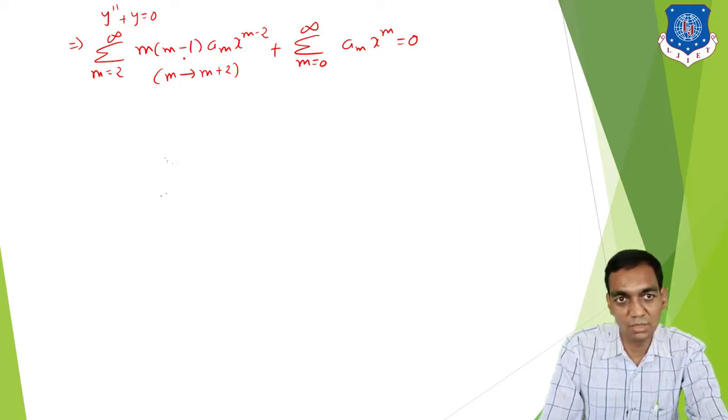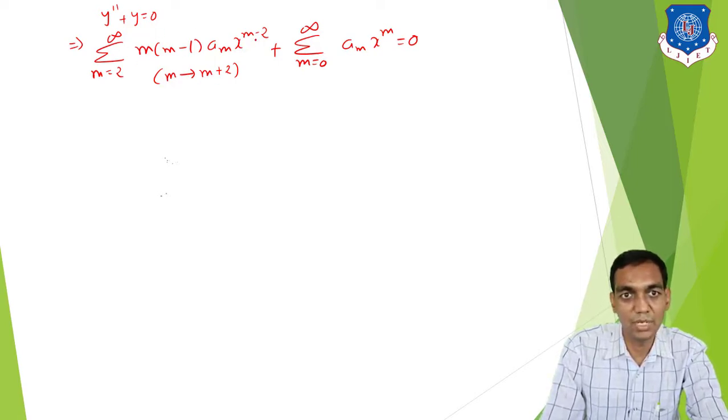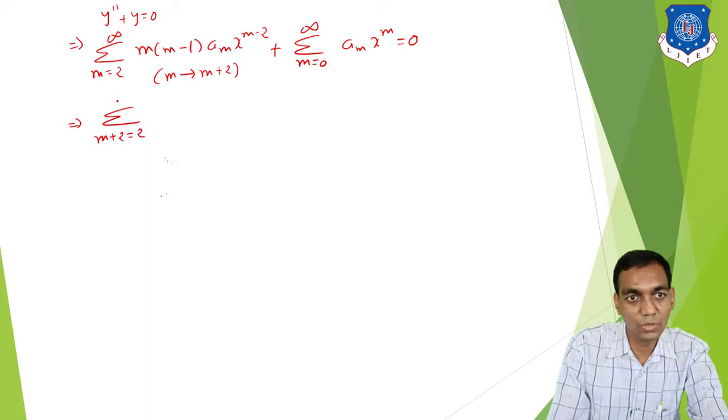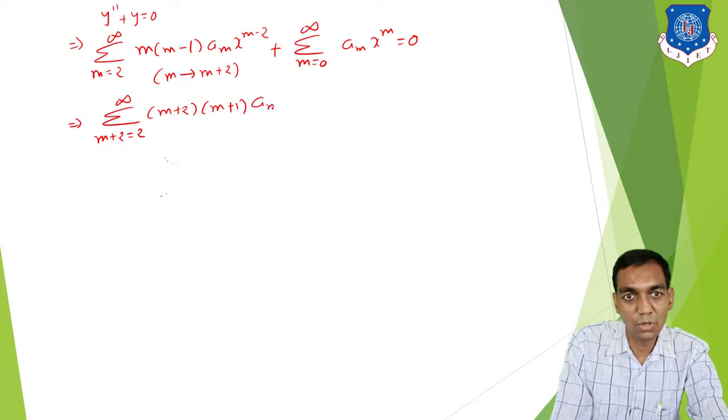Only in the first term, I am going to replace m by m plus 2. So if you put it, then m running from 2 to infinity becomes m running from 0 to infinity. M will be replaced with m plus 2. Here m plus 2 minus 1 will be m plus 1. Here it will be a of m plus 2 and x raised to m.